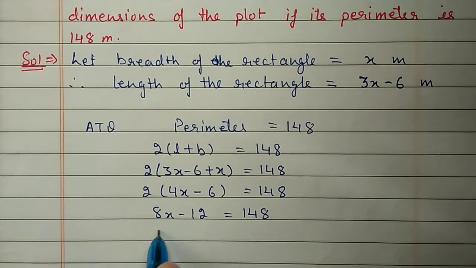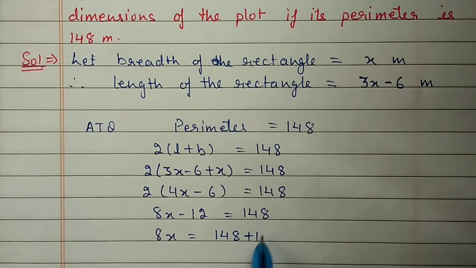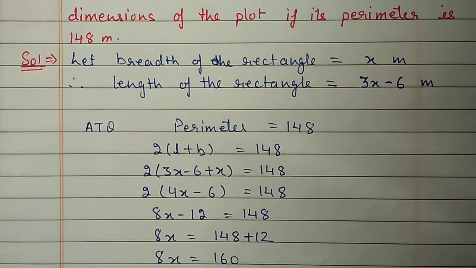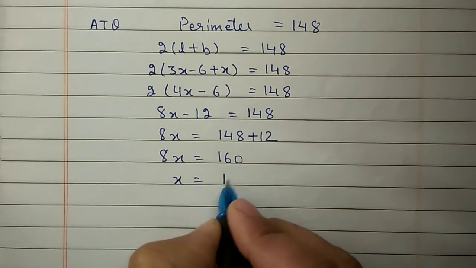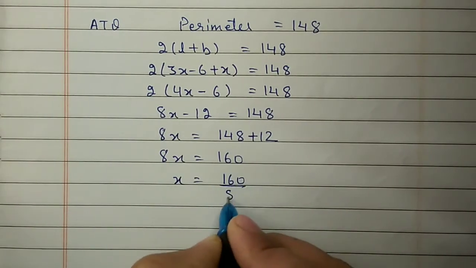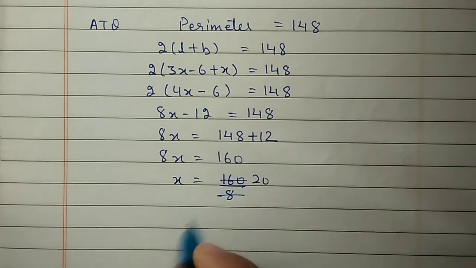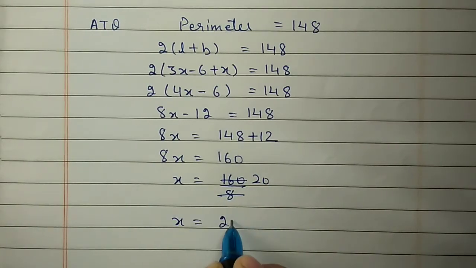12 we can shift to the other side. It will go for addition. So 8x is equal to 160. 8 also we can shift to the other side. Cancel out. So we will get x value is 20.